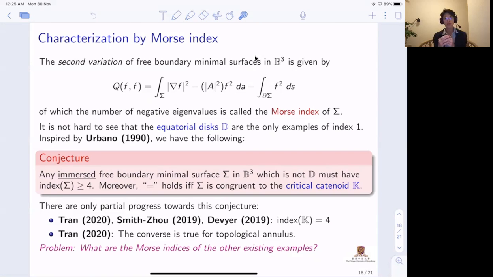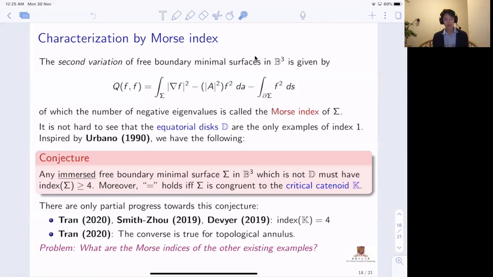Actually, if you assume that it's a topological annulus, then index equal to 4 implies that the first Steklov eigenvalue has to be 1. So by an earlier uniqueness result of Fraser and Schoen, it has to be the critical catenoid. Okay. But this is still not known if you don't assume a priori that this is topologically an annulus, whether you can prove that this is the critical catenoid. So this is the key problem there.